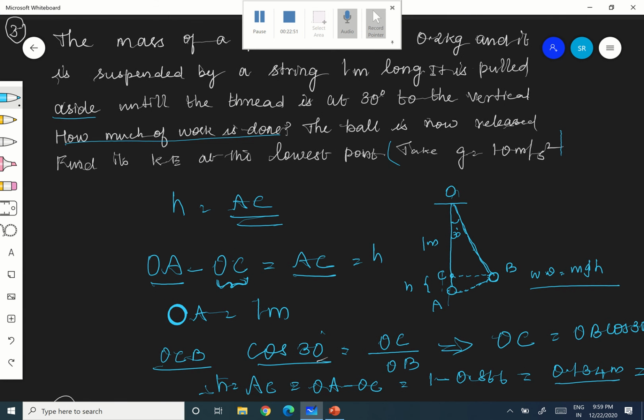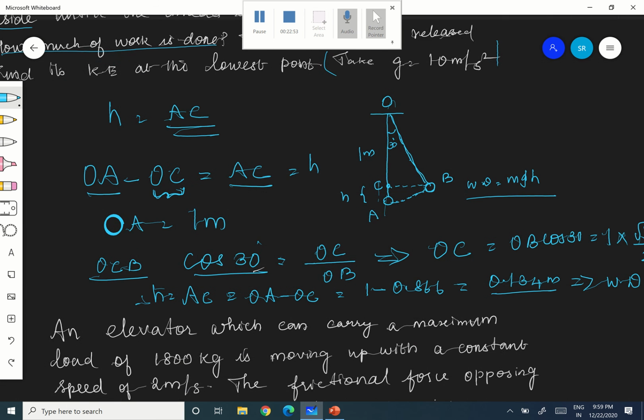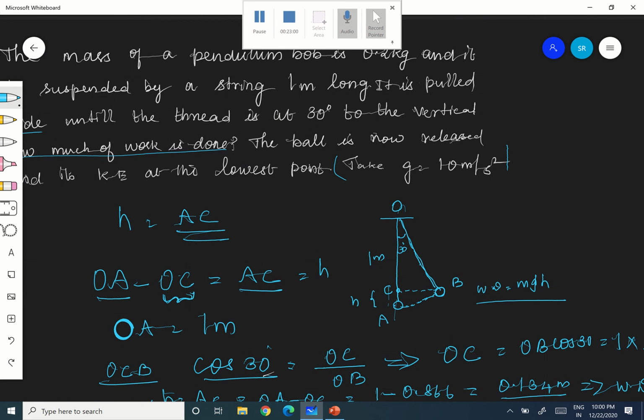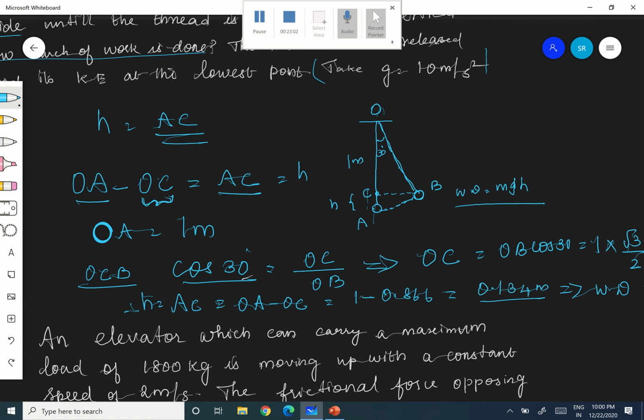So that is the second part. Find the kinetic energy at the lowest point. You are pulling it to B, then you release it. So now you are releasing the bob. Therefore, what happens? From B, it will come back to A. When it is at A, what is the height? Height is equal to 0, because it is exactly at the bottom.